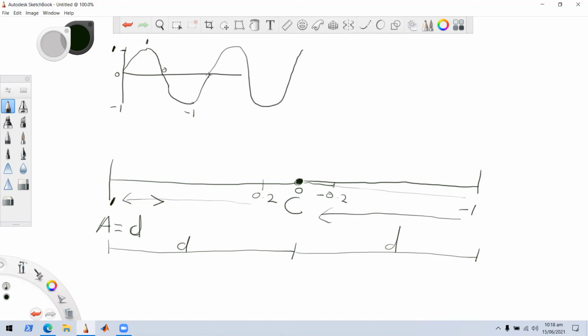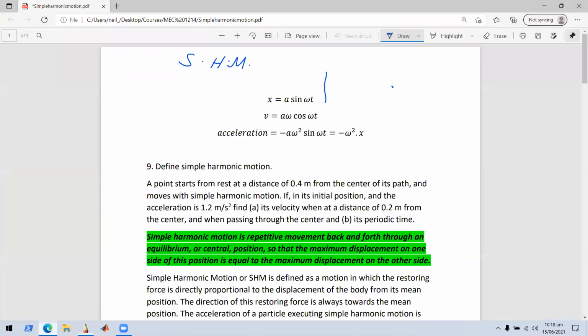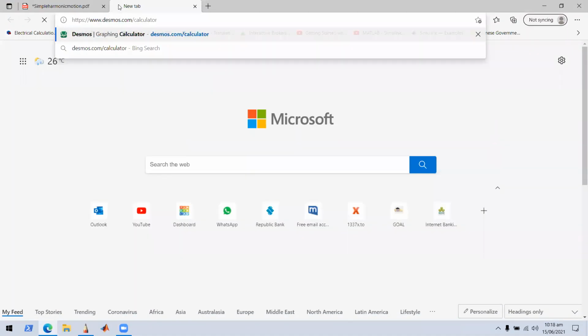So the way we model this is by saying the distance, x, is equal to sine omega t times A, where A is the amplitude. Now, we can modify a sine wave based on just some basic parameters. So let me just pull up a graph here.